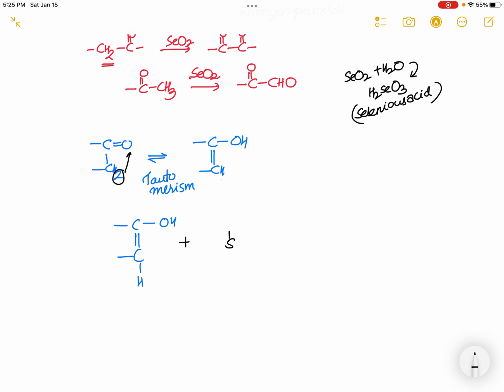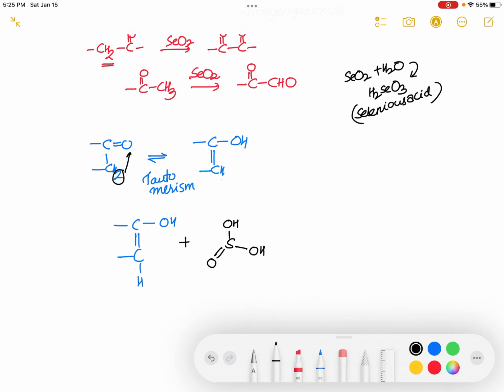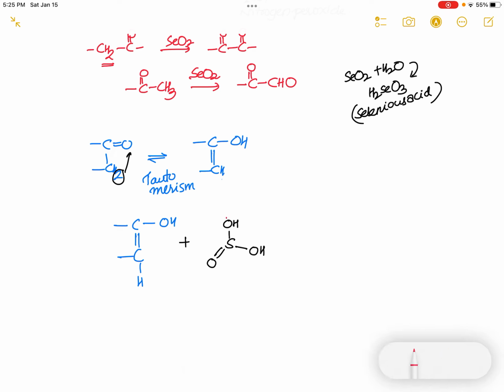It is OH, OH and double bond O. This proton is attacked by this OH group. So when the proton goes, this bond is shifted here, this bond comes to oxygen, and this bond is shifted to selenium.